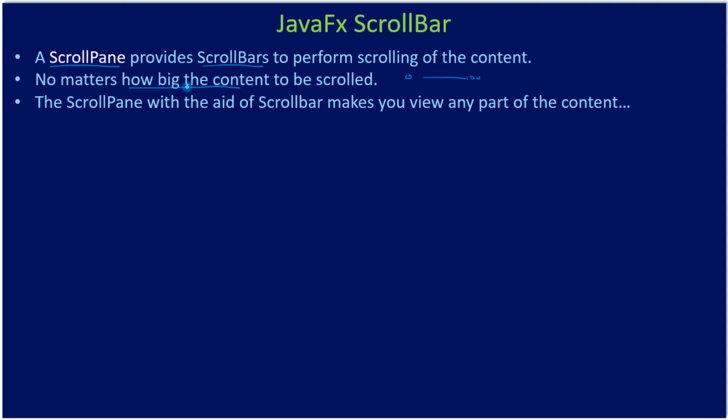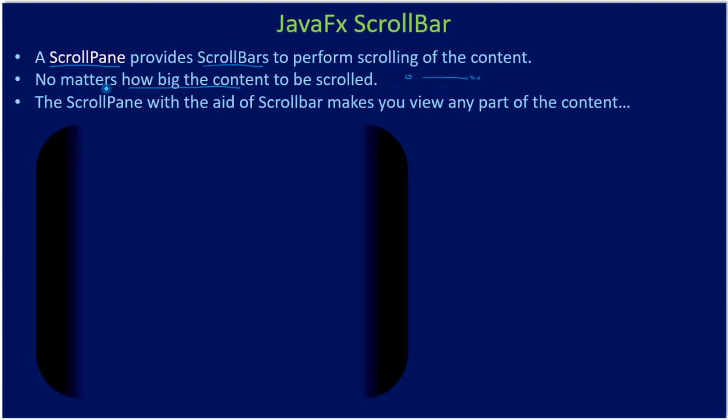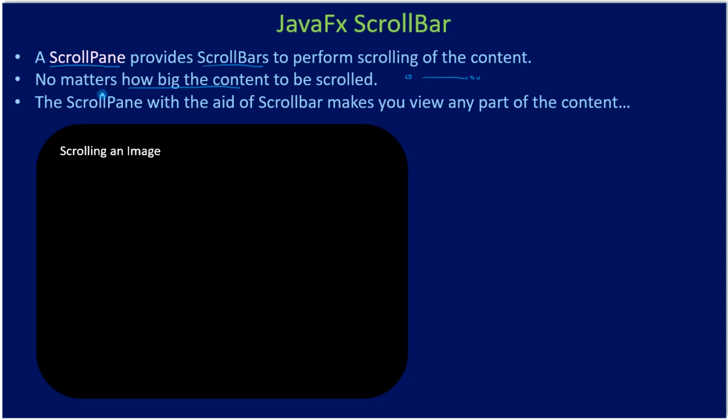So you need not worry about setting up the scroll bar with all the properties like we did in our previous example. ScrollPane will decide what these values are based on the content you supply to the ScrollPane. So using the ScrollPane, you can scroll an image.